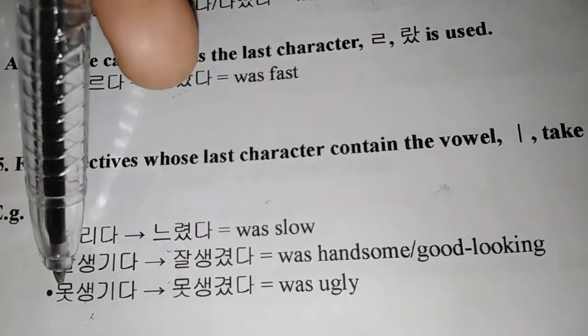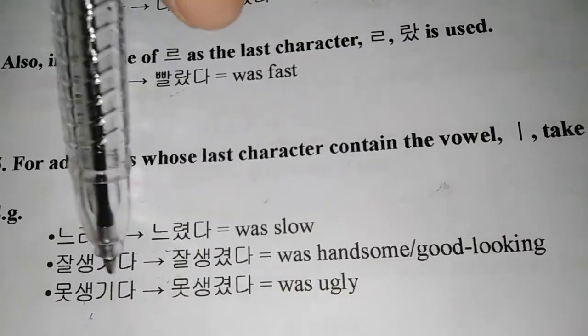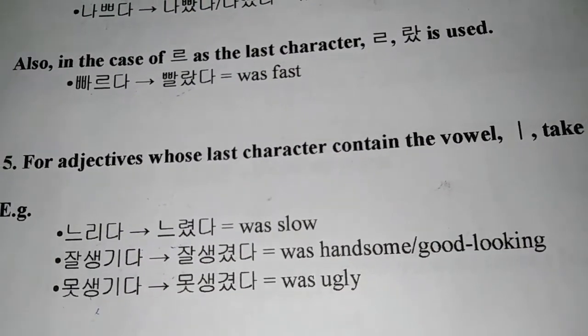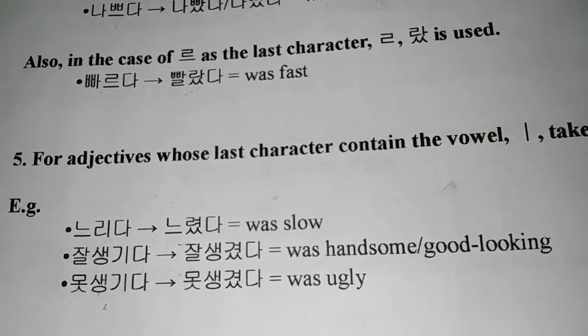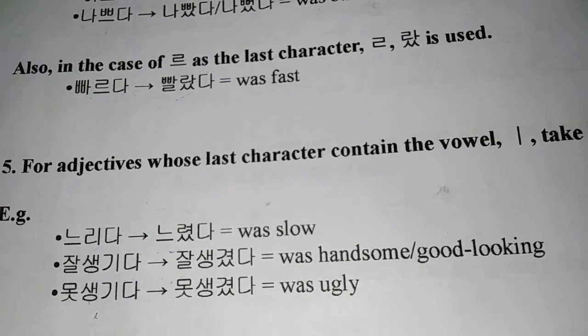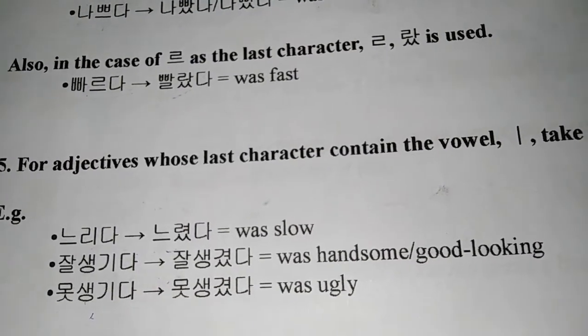잘생기다, 잘생겼다, 못생기다, 못생겼다. 잘생기다 and 못생기다 are opposites, and 빠르다 and 느리다 are opposites. 좋다 and 나쁘다 are opposites.